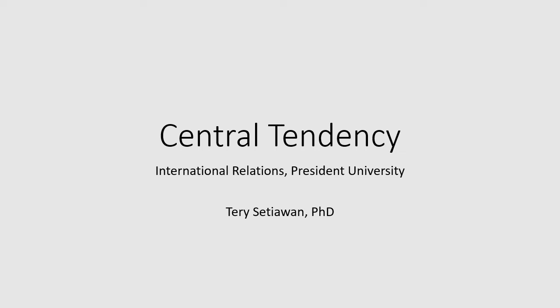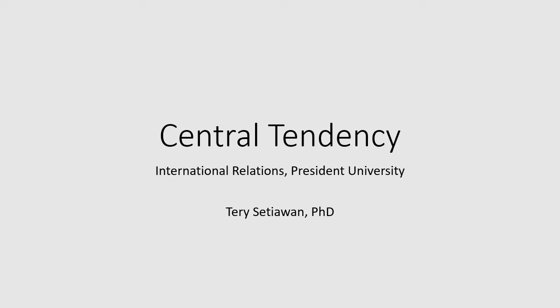Now, what's different from today's material and last week's material? The difference is that we will expand our understanding of different ways of looking at the data. Again, when we talk about central tendency, we talk about the position of one particular data point or one group of data in the given data set.